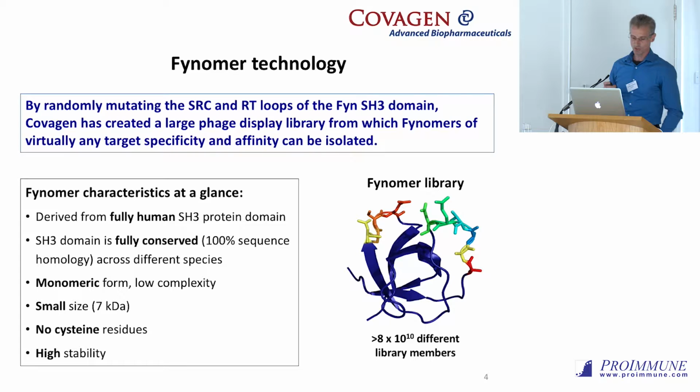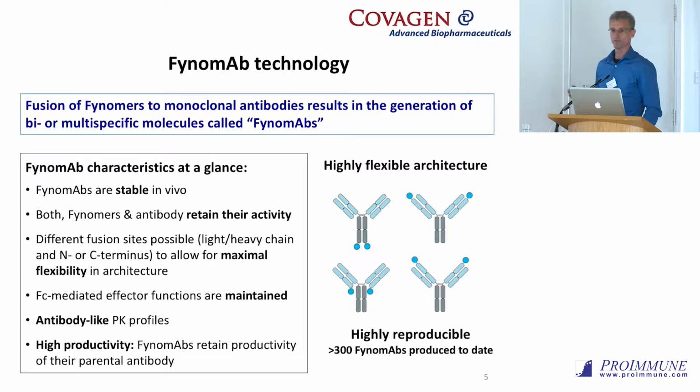And there's one advantage that did not even show on here: you can easily fuse or co-express phenomers with other proteins. And this brings us to the next technology, the so-called FynomAb technology. That's quite easy. Whenever you fuse or co-express a phenomer to a monoclonal antibody, to a mAb, the resulting end product is what we call a FynomAb. And these are just some cartoons of how such FynomAbs look.